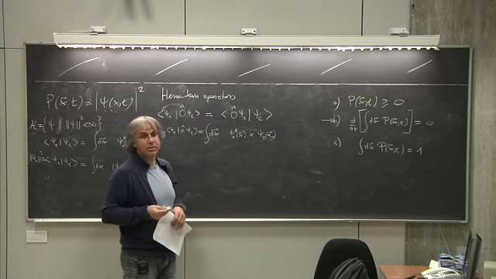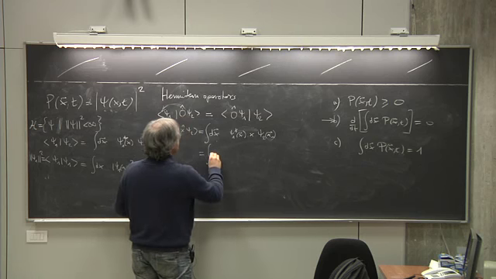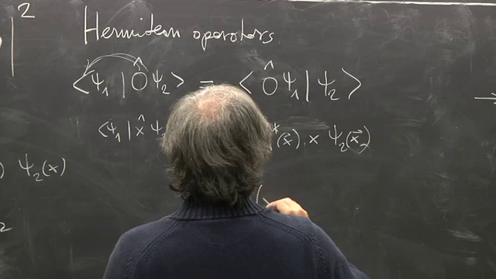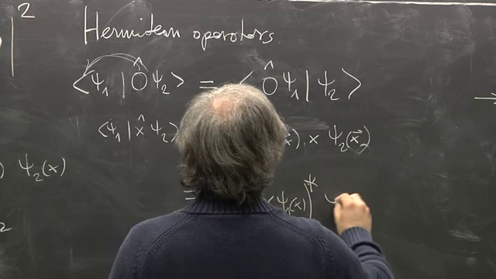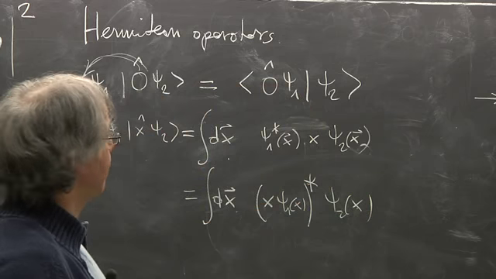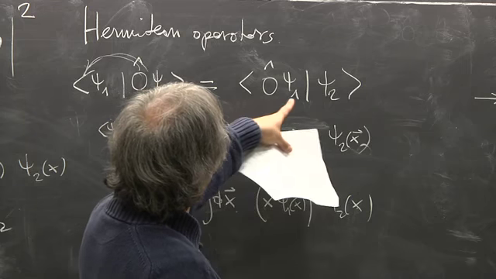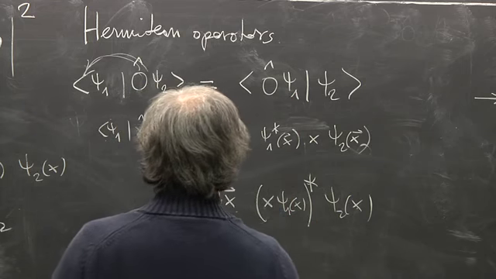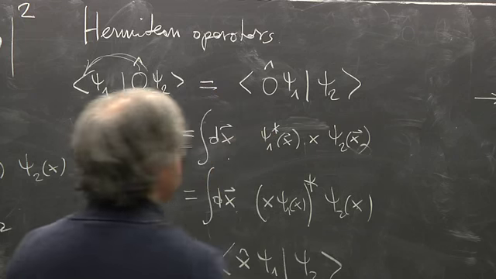But x is real, and therefore I can identically write this as x psi1 star times psi2, because x is equal to x star. But this is what? This is x acting on the left, multiplied by psi2. In other words, this is the scalar product of x psi1 with psi2.